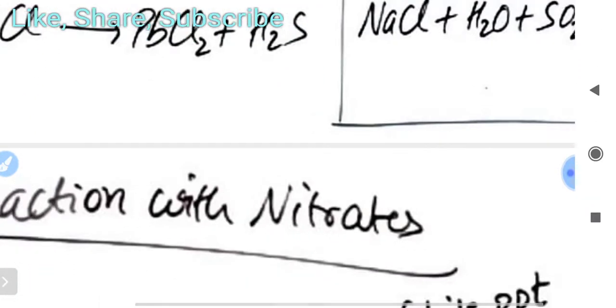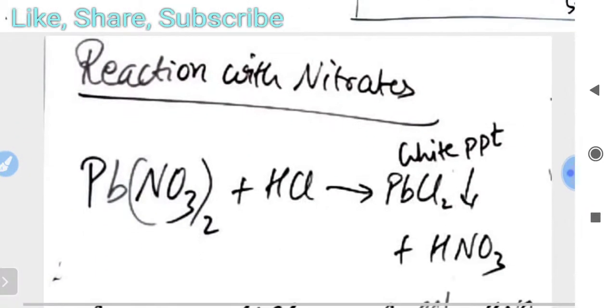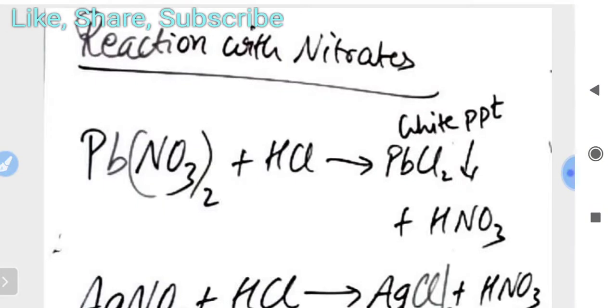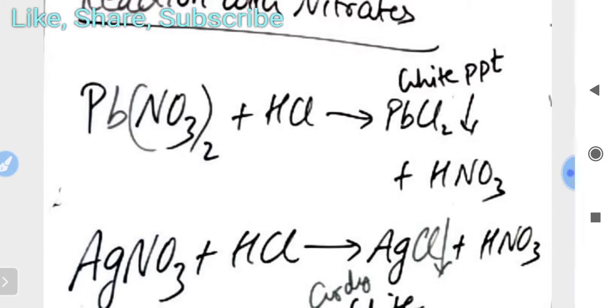There are other reactions you also have to read: the reaction with nitrates. We take the example of lead nitrate. A white precipitate is formed whenever it reacts with nitrates.